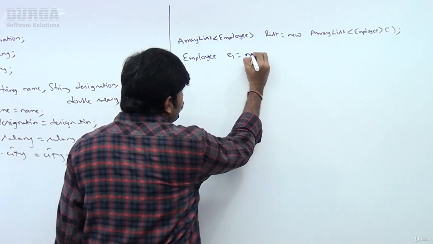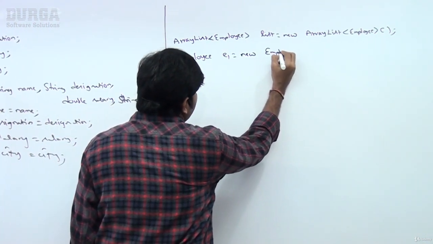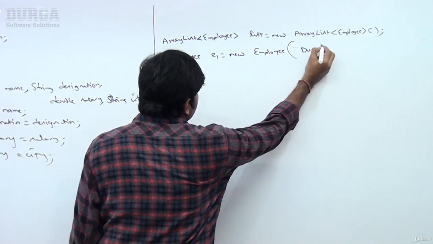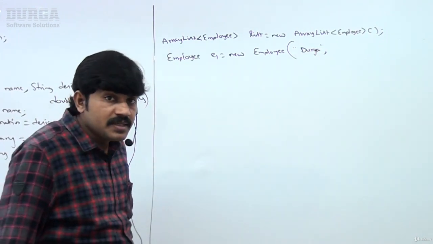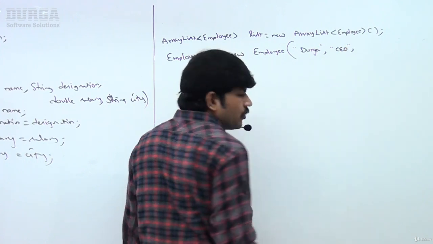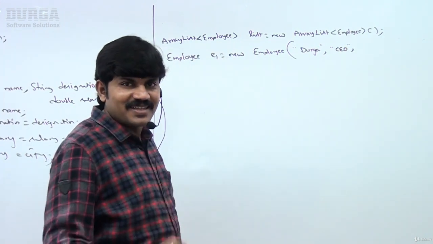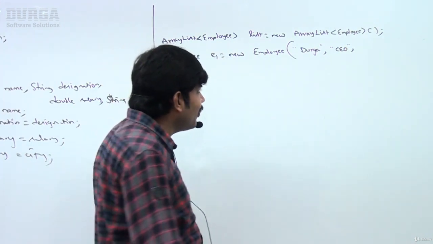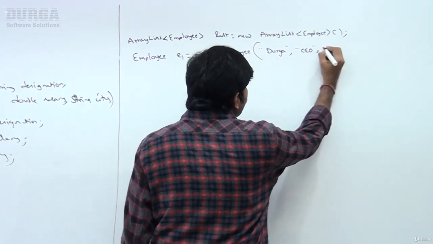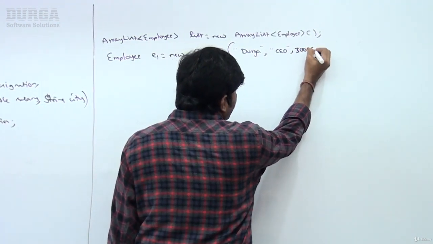Employee e1 is equal to new Employee with the name Durga. Assume the designation is something like CEO, just as an example. Durga, CEO, and next the salary, assume 30,000.